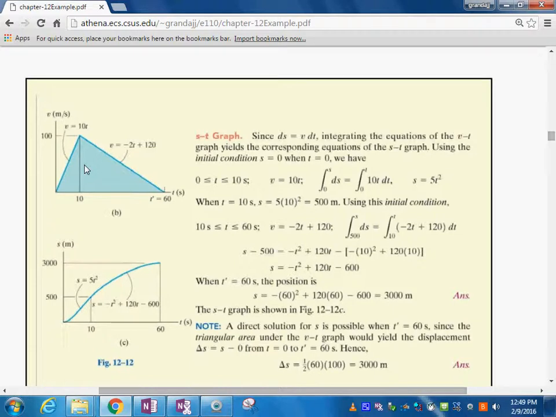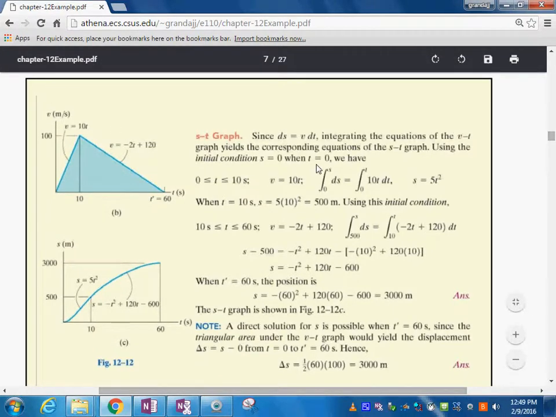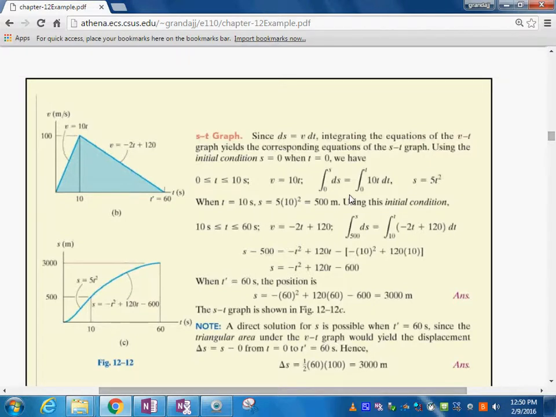Using this initial condition, and then when you have from 0 to 60, v is equal to minus 2t plus 120. Okay, so in here you will know the position as being minus 500.